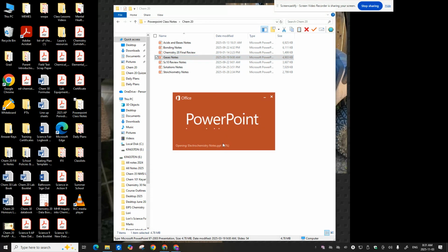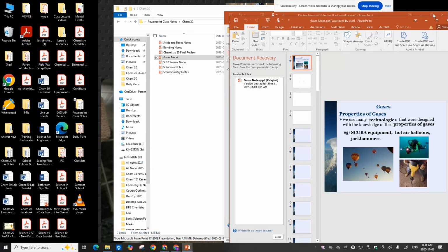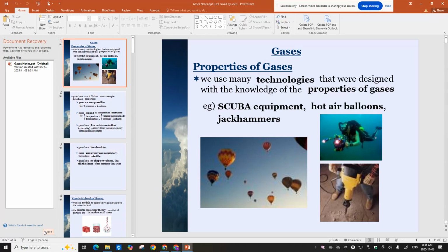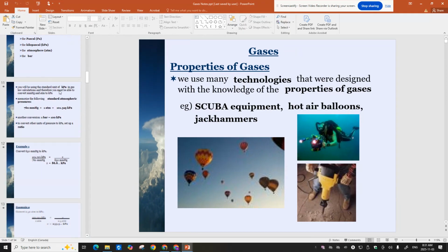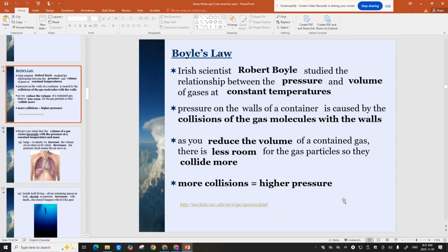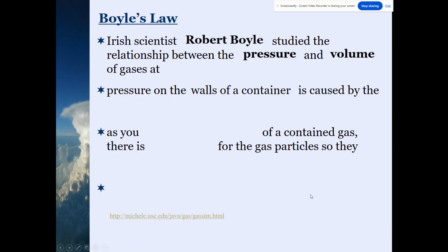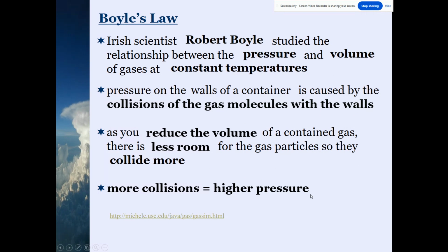So looking again at the relationship between volume and pressure, I'm going to draw a diagram showing volume versus pressure. Here is a gas in a container that has this volume.